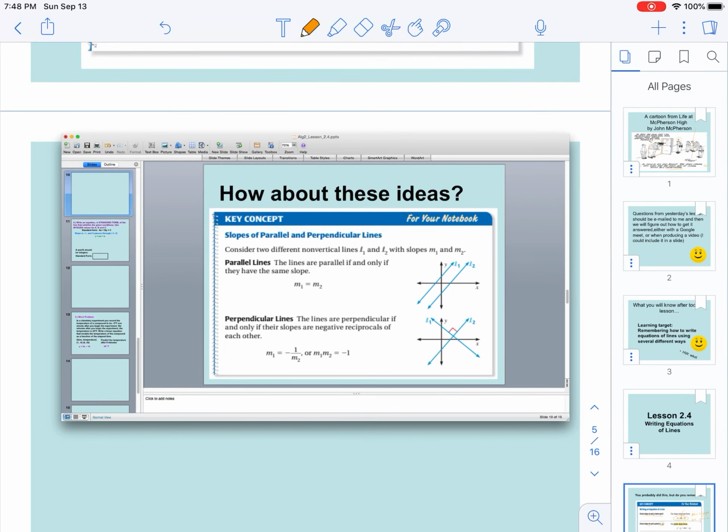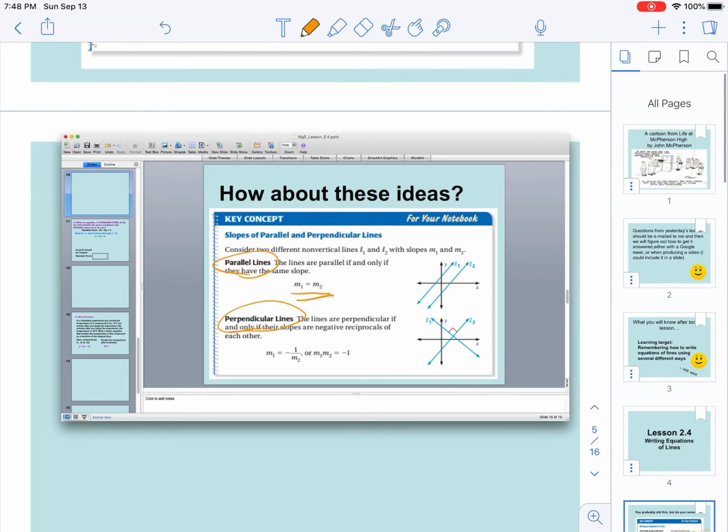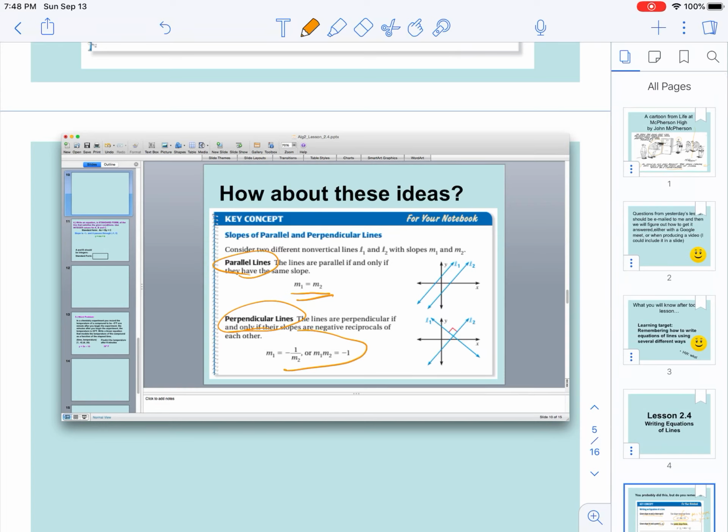A couple other things that I want you to remember as we get ready for this lesson. When we have parallel lines, you will notice that the slopes are exactly the same. They're equivalent. And for perpendicular lines, instead of being exactly the same, the slopes are negative reciprocals of each other.